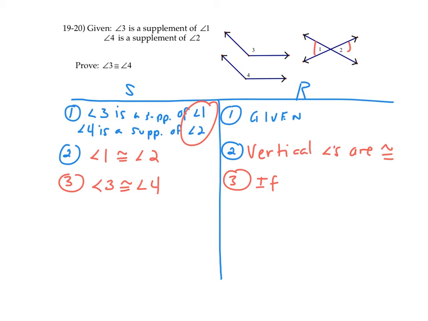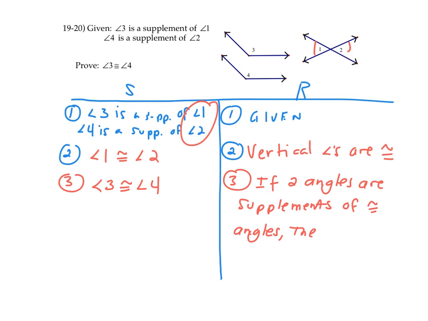If two angles are supplements of congruent angles, then they are congruent. Then the angles are congruent. Just to make it a little bit clearer that we're talking about the two angles over here, 3 and 4.